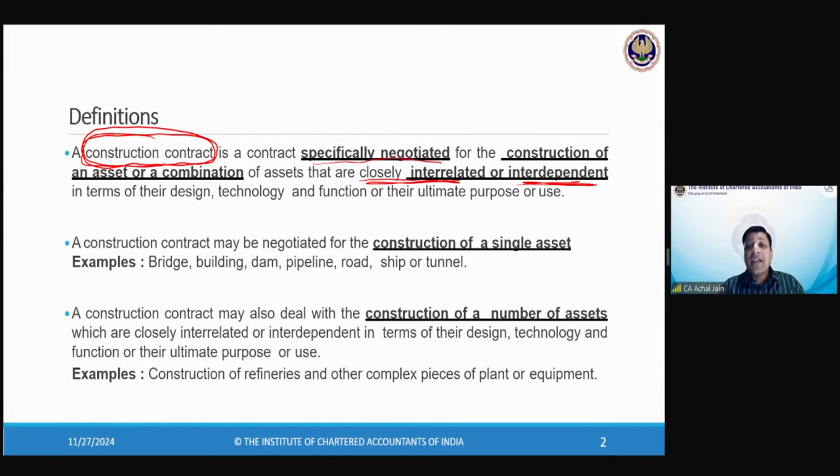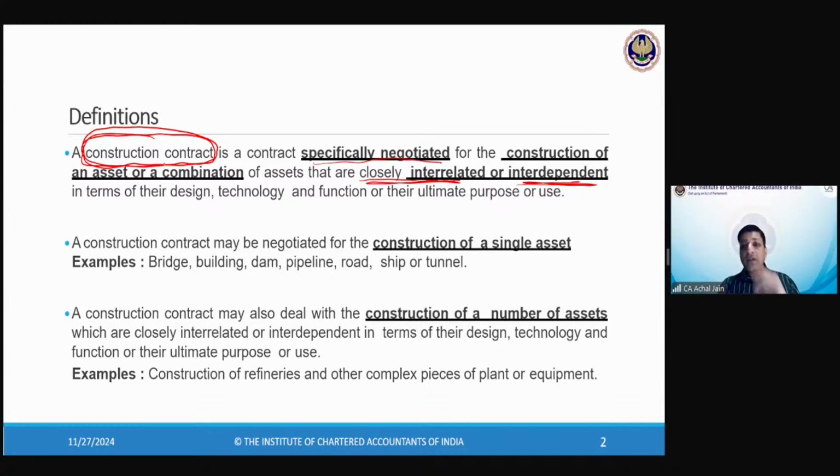The other criteria is that these contracts, which are for the purposes of construction, take a substantial period of time to get complete. Now the question is, what do you mean by substantial period of time? Substantial period of time will generally be a period of more than 1 year.